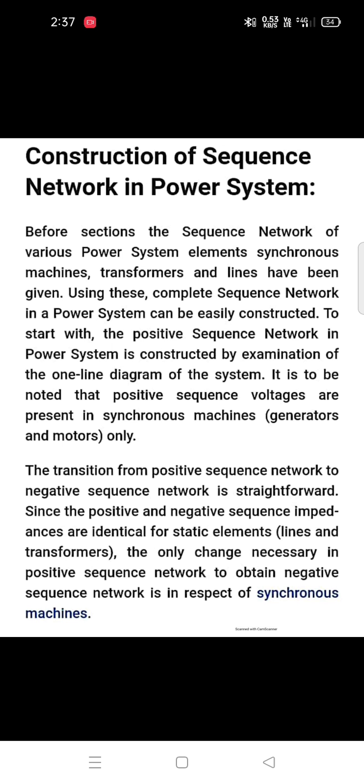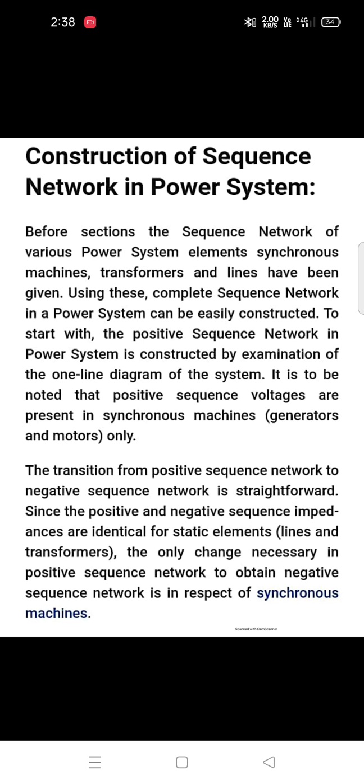It is to be noted that positive sequence voltages are present in synchronous machines, in generators and motors only. Then the transition from the positive sequence network to the negative sequence network is straightforward, since the positive and negative sequence impedances are identical for static elements like lines and transformers.